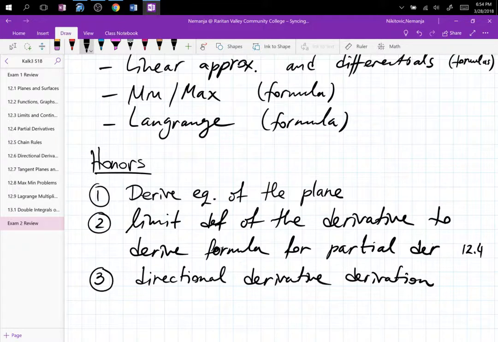I think there's one concept that you can also look at, and that would be the critical point.